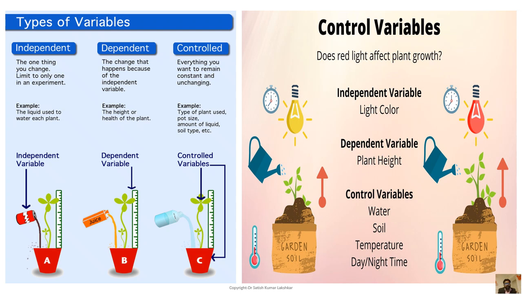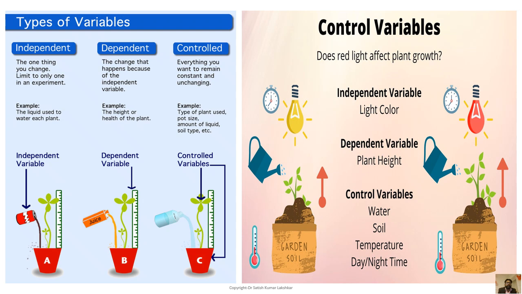Are we adding water? Are we adding any juice or any other chemical or any other liquid? That is one factor. Second is the plant, and third is the pot in which we are growing that plant. So these are the three different types of variable: independent, dependent, and control.